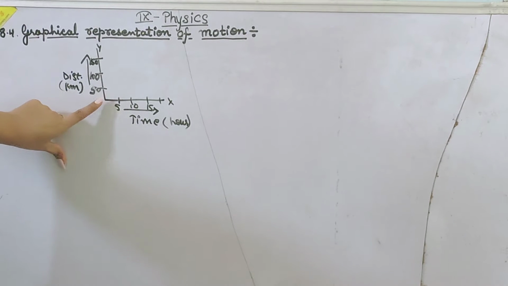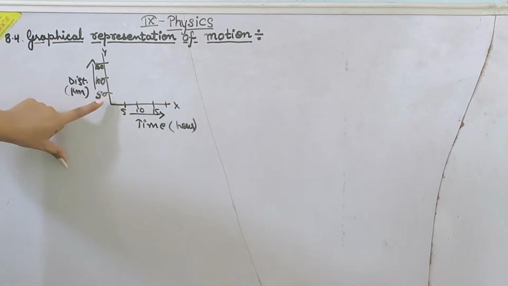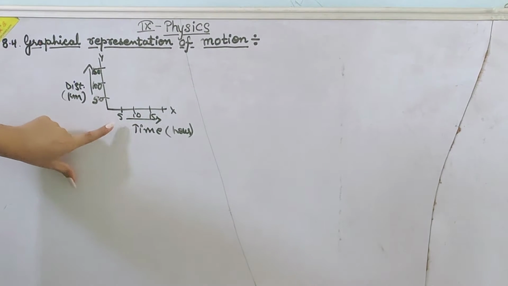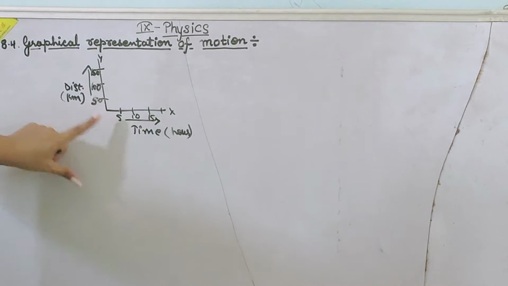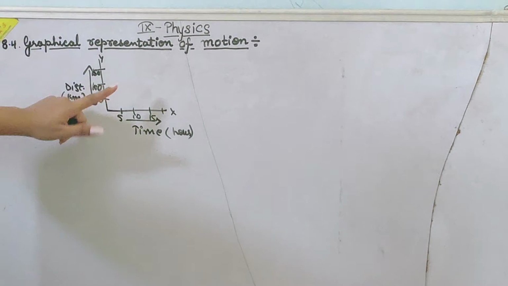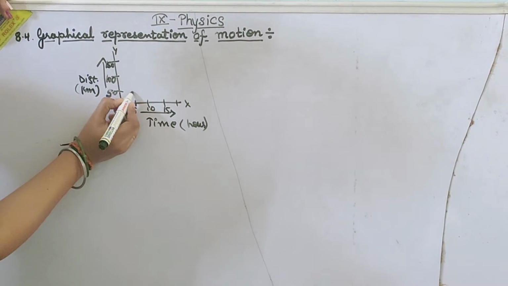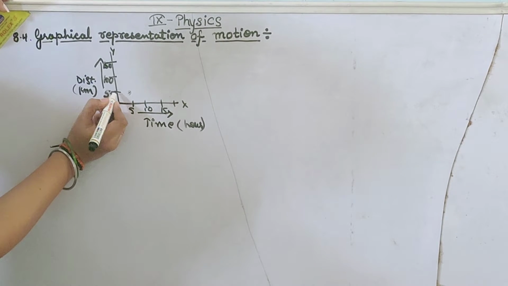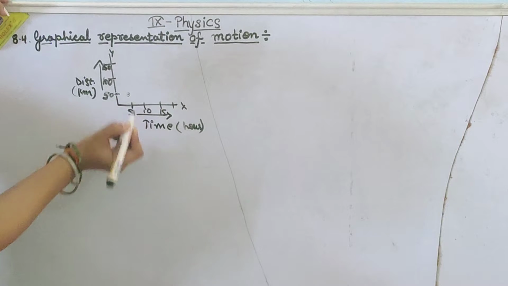So if a person starts his journey and covers a distance of 50 kilometers in 5 hours, the point will reach here.